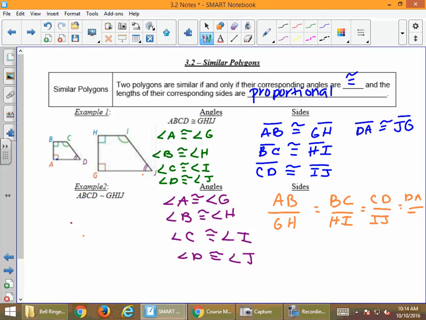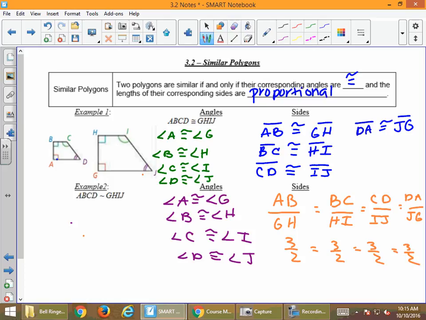EA over JE. So the sides that match up, instead of saying that they're congruent to each other, they're proportional. One side over its matching side is equal to that other side over its matching side. Let's say when you put these, you get 3 over 2, and when you simplify each fraction, you get 3 over 2 every time.